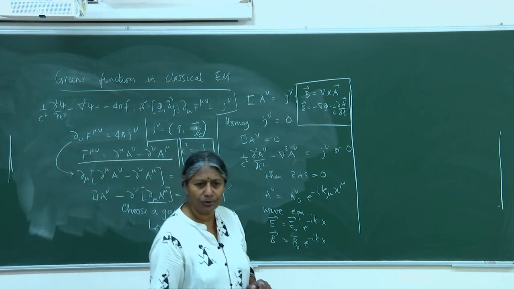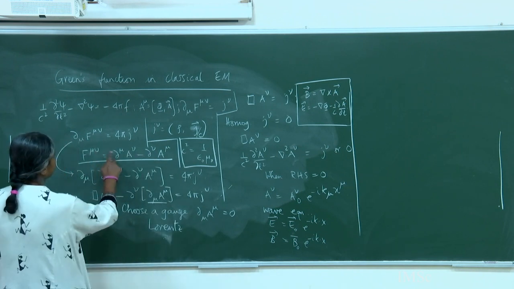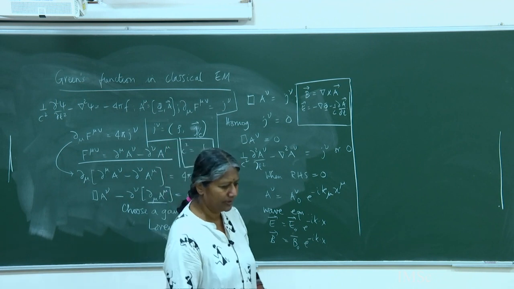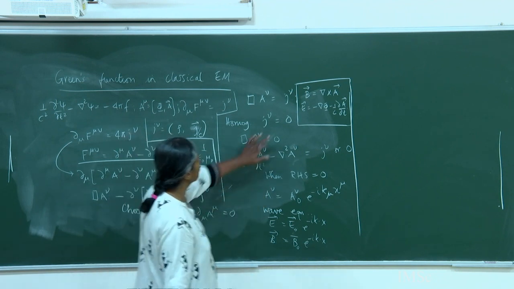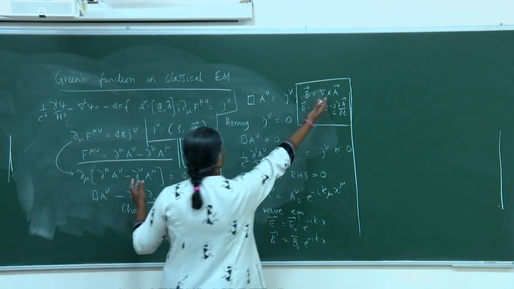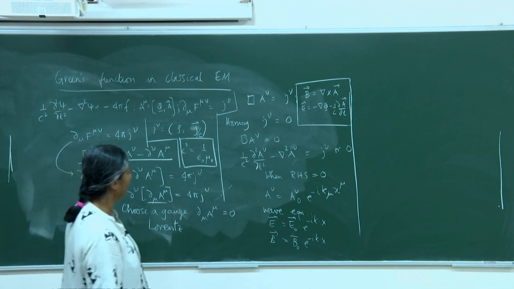I hope you know that. F01 is minus E1, F02 is minus E2, and then the others you can figure out. I don't remember that much of it myself. From this definition you can immediately work out what elements give you what quantities.